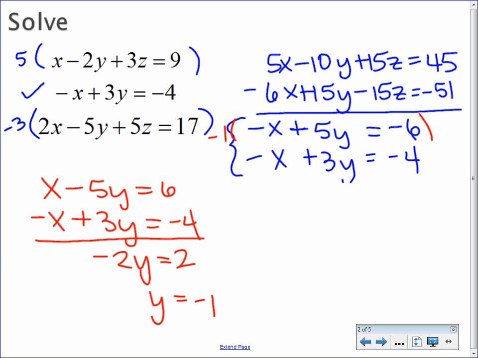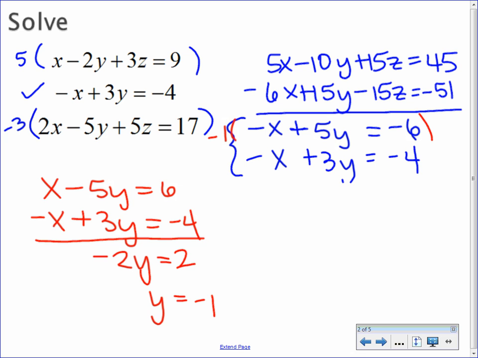Okay, so now that I have y, I'm going to hop back up to this system of 2 equations, and I'm going to use this to help me find x. Which one would you like to choose? Yeah, isn't that this one right here? Oh, okay. I thought you meant plug it back in that one.